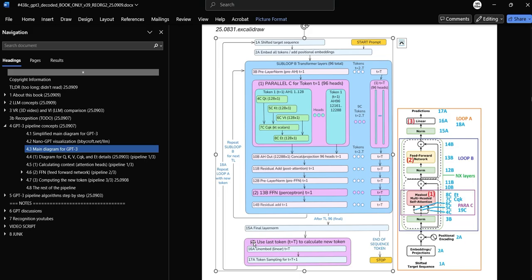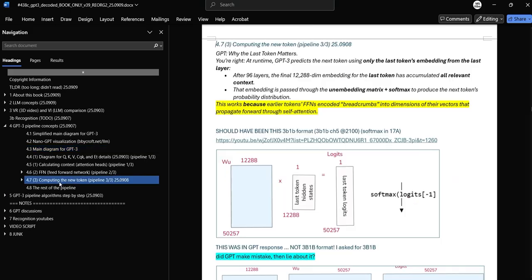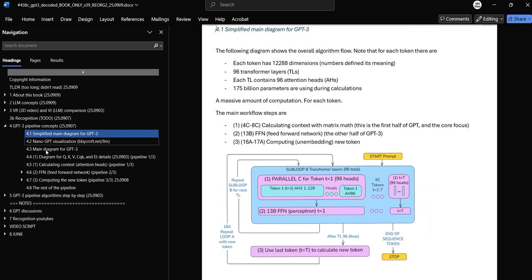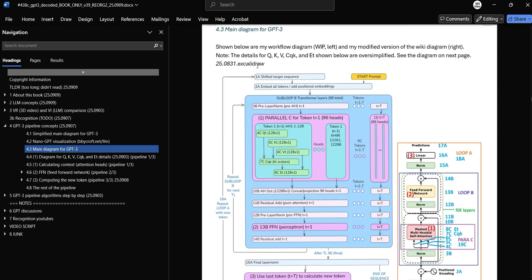At the end of this very, very long process, you determine the last token. Then you take that token, add it to what you had before, and start the process all over again. You go back to the beginning, reset everything, and do the same thing again to create a new token. That's basically how this works.